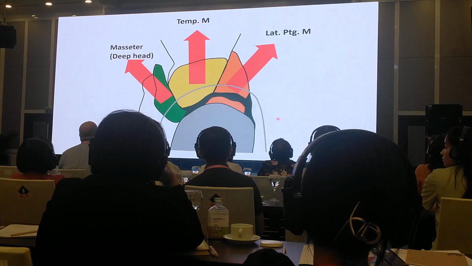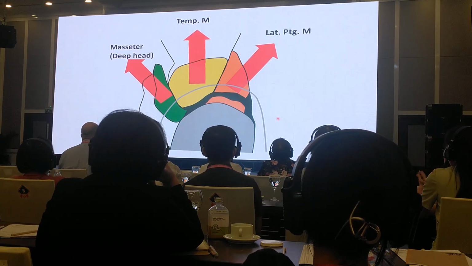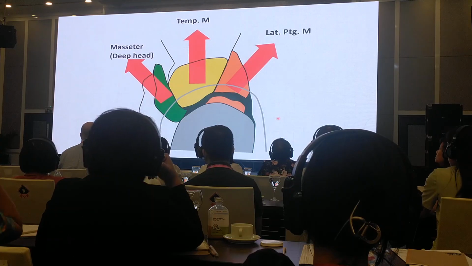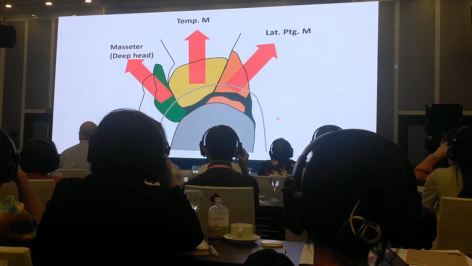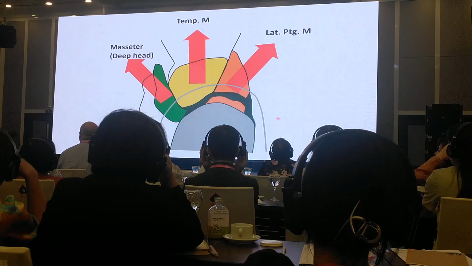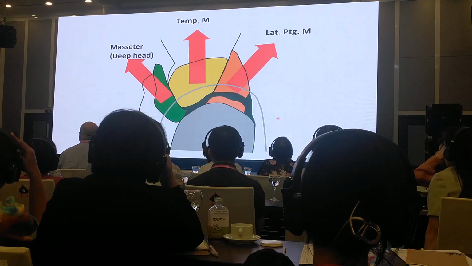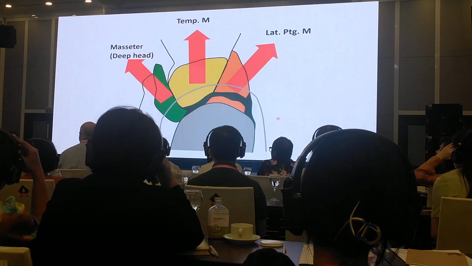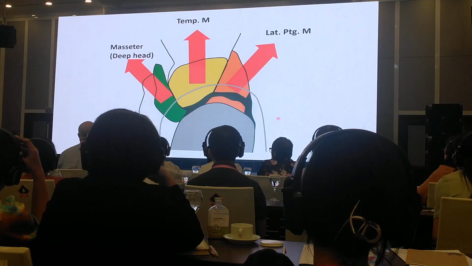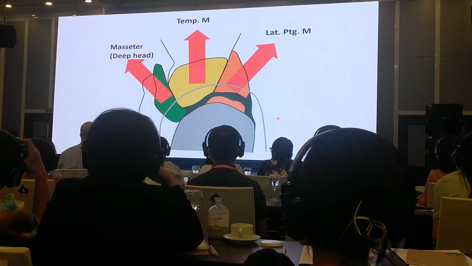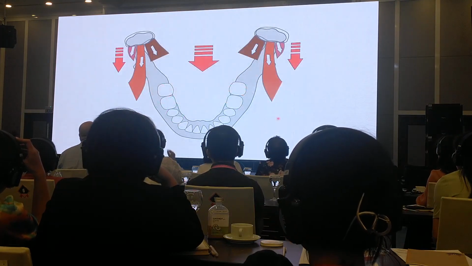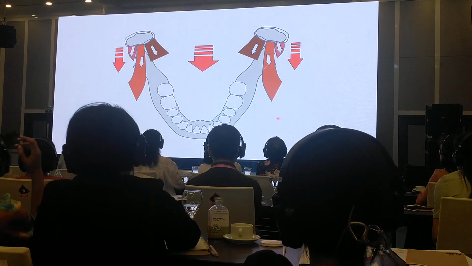If we bite or grind teeth, in the closing situation, it is very, very dangerous. The mandible easily goes back. But this muscle system is always pulling the condyle and the disc forward this way.